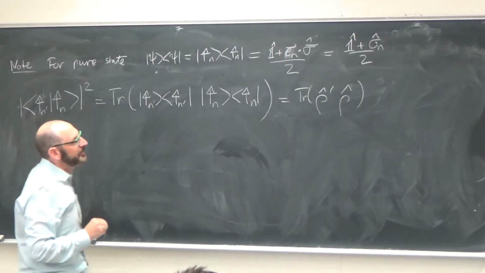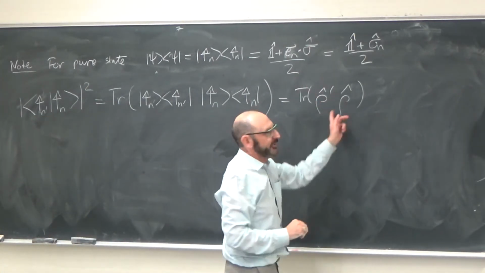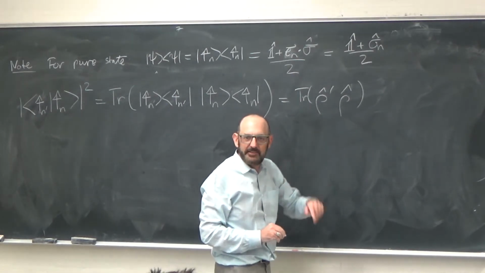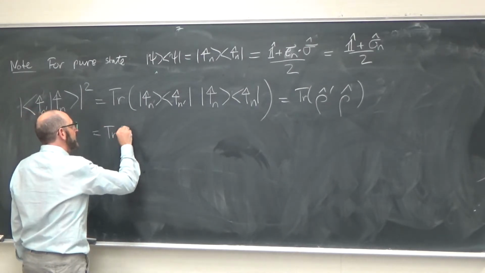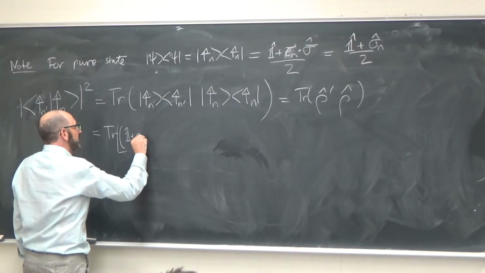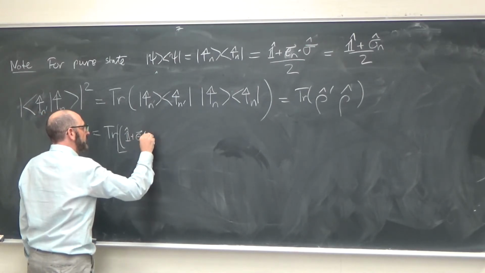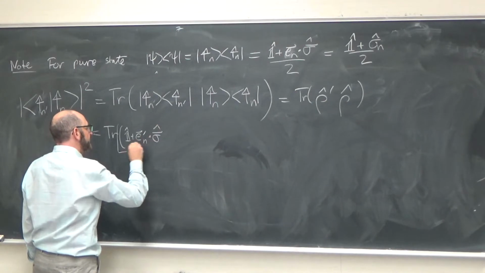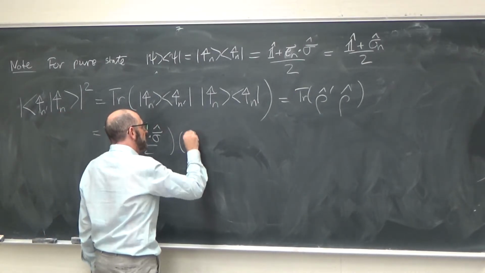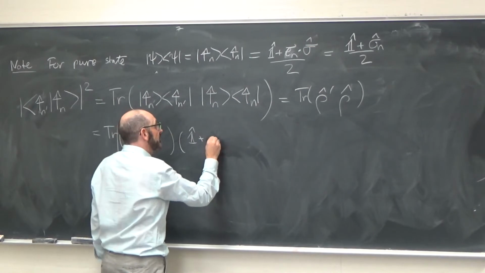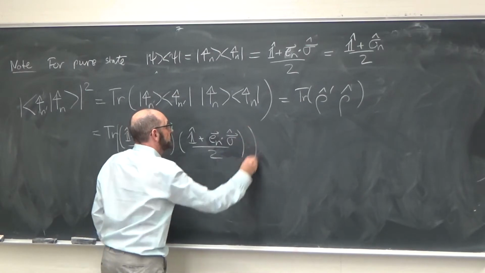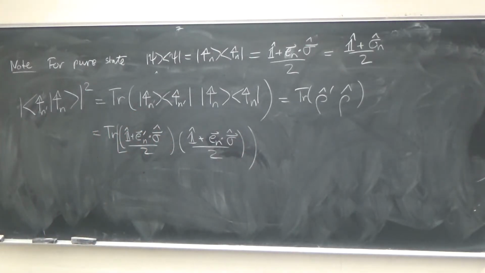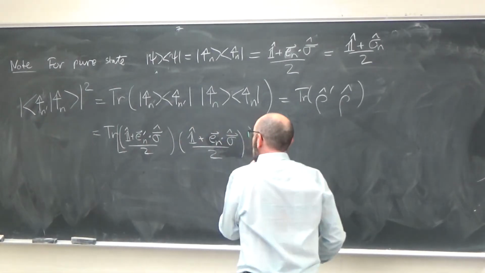So, as was suggested, let's write the Bloch vector representation of each one of these guys. So this is equal to the trace of the identity plus e sub n prime dotted into the Pauli matrices over 2, times 1 plus e sub n dotted into the Pauli matrices over 2. Okay? So, what is that equal to?